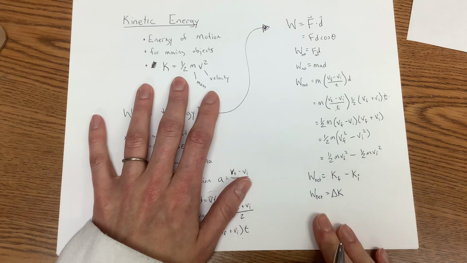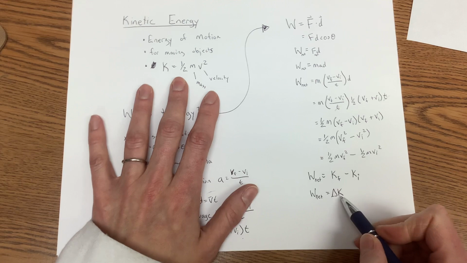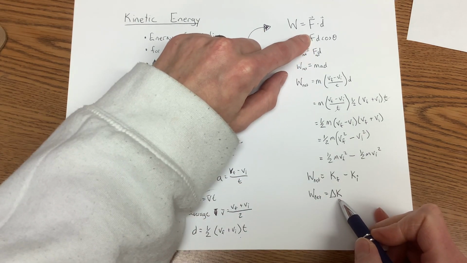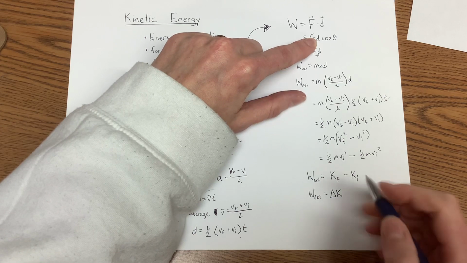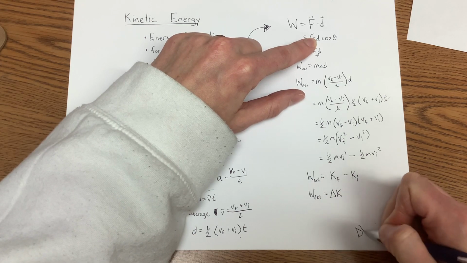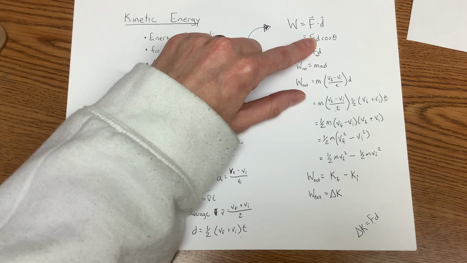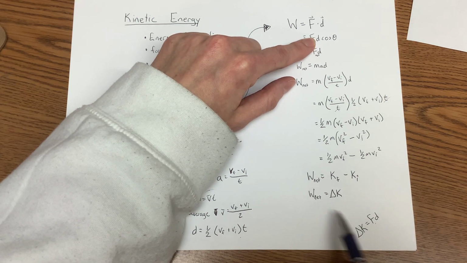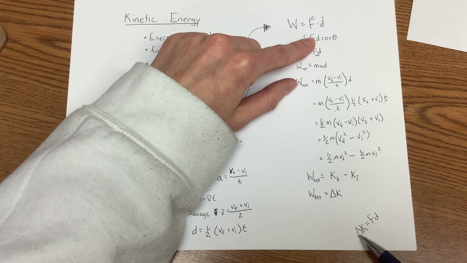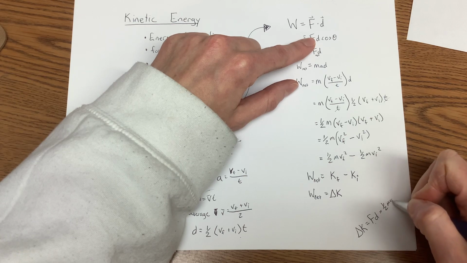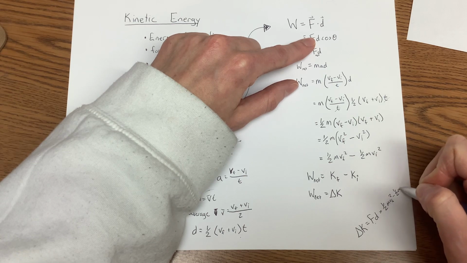And what's also additionally useful about this is that I can flip this kind of around, and if I know what the force is and the distance is, then I can write those as equal to each other. So I can write the change in kinetic energy is equal to the force times the distance, right? Because I can substitute things in for the work net, and I can substitute things in for the kinetic energy now. So I can have, this equals 1/2 m vf squared minus 1/2 m vi squared.